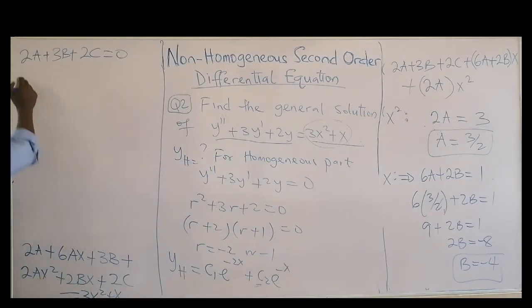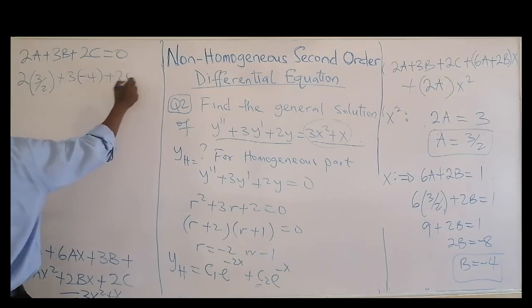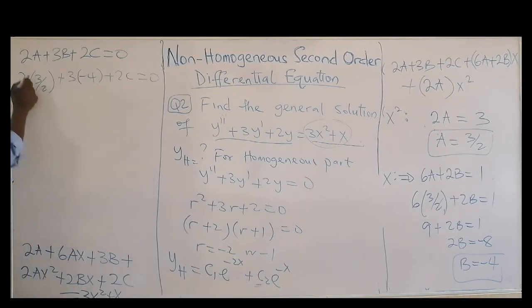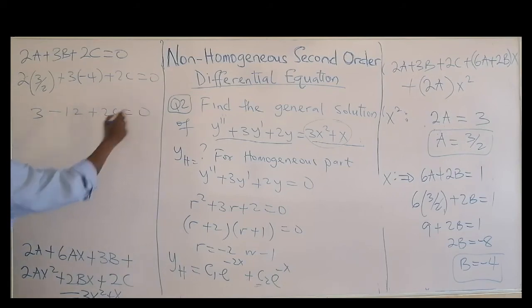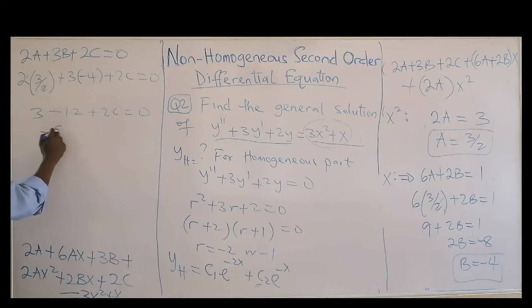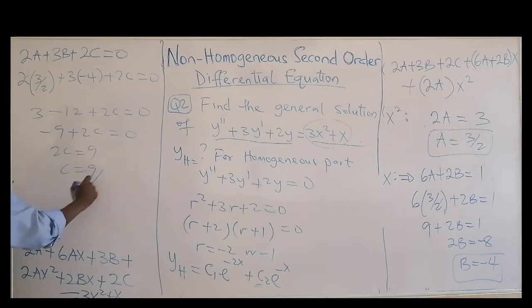So 2 into bracket 3 over 2 plus 3 into bracket minus 4, plus 2c equal to 0. So this one will cancel. I have 3 here, minus 12, plus 2c equal to 0. So 3 minus 12, that's minus 9, plus 2c equal to 0. So 2c equal to 9. C equal to 9 over 2. Okay, so that one is also gotten.